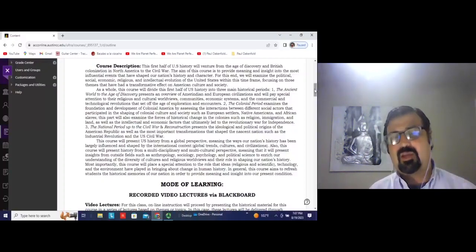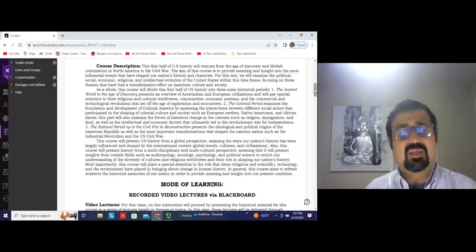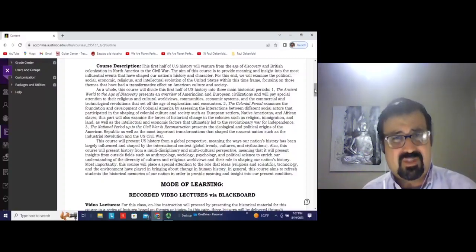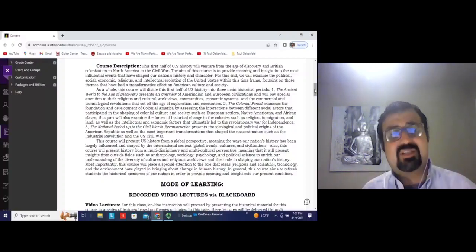All of those factors came together for colonial society to start changing, and people began to abandon gradually their religious traditions in favor of more materialistic values, if you will. We're going to get to see that.